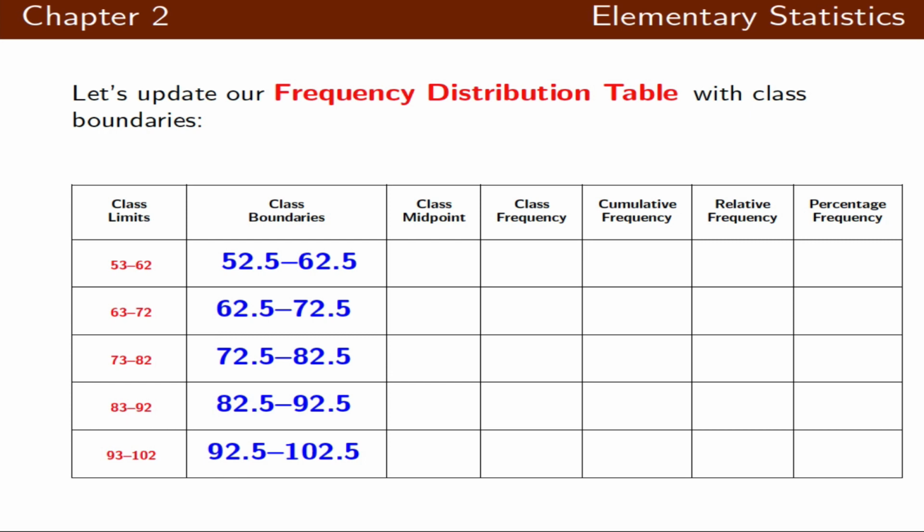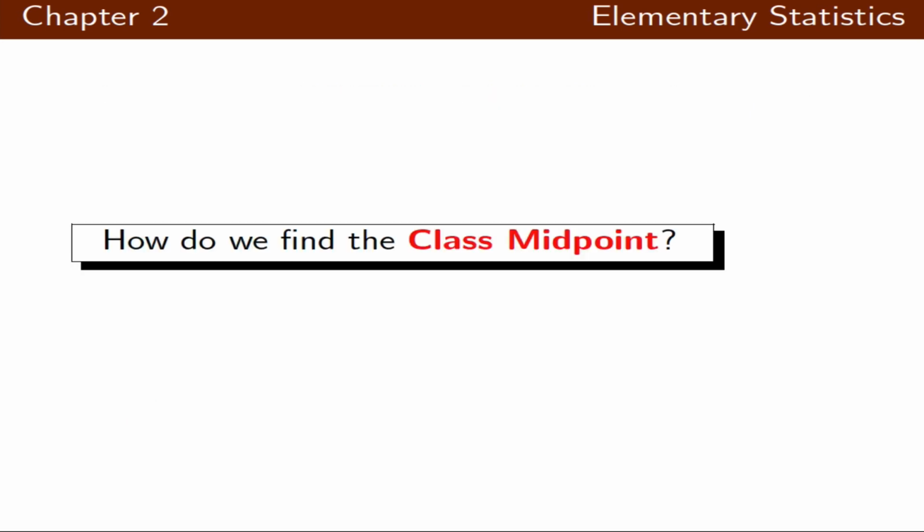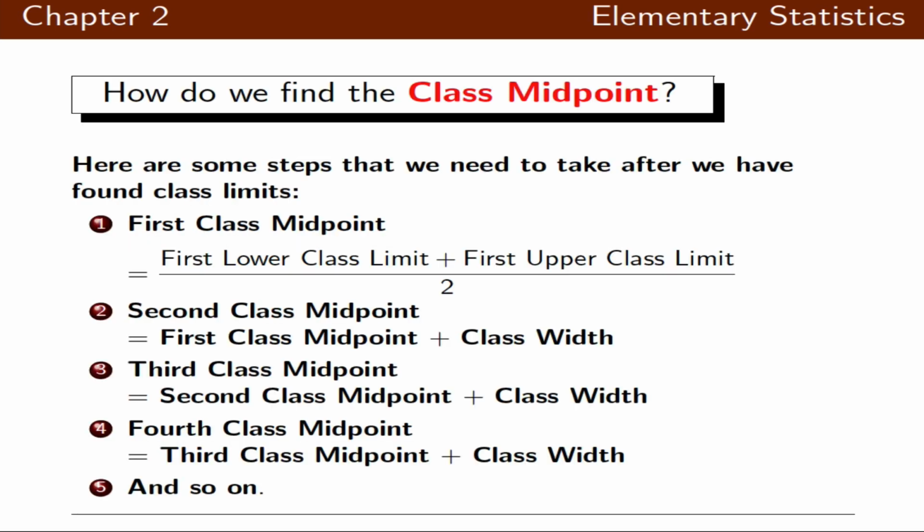Now we need to find the class midpoints. You take the lower class limit and the upper class limit, add them together, divided by 2. Once you calculate that, that would be the first class midpoint. And then after that, we keep adding class width to get the next class midpoint.